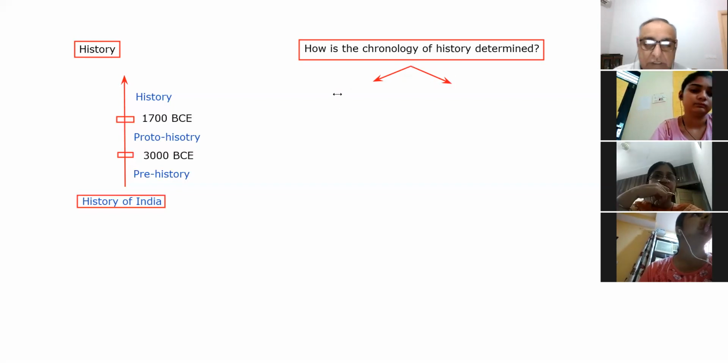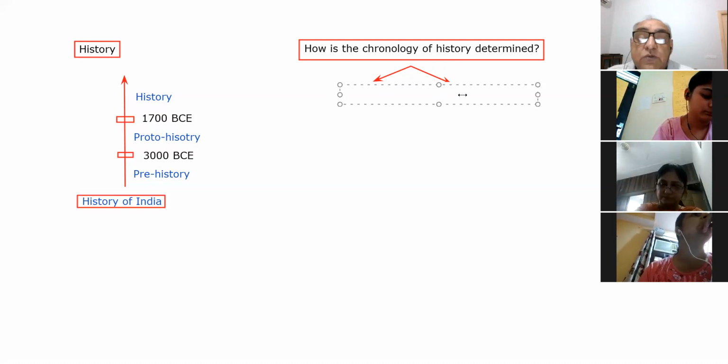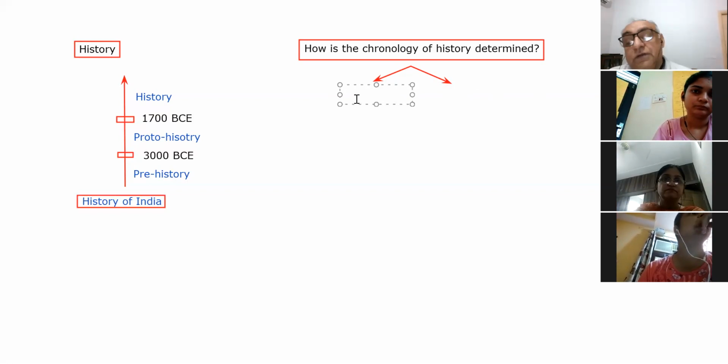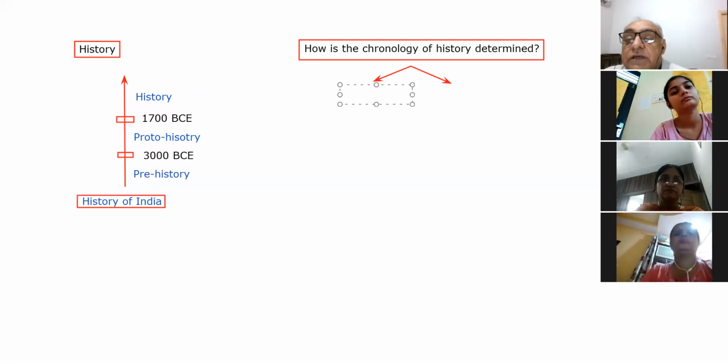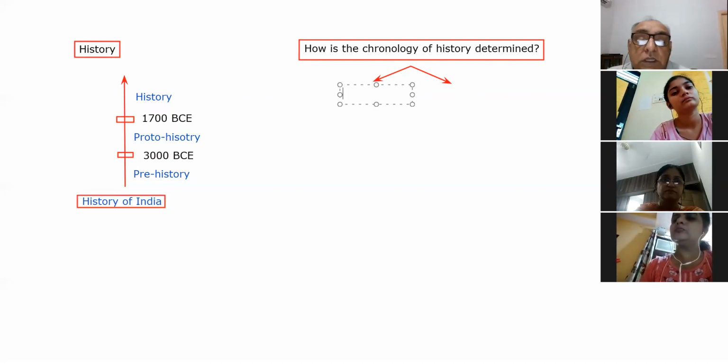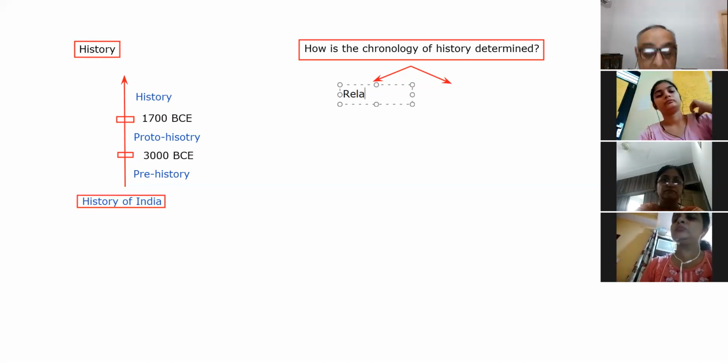There are two important methods, two important ways or techniques to determine the chronology of history. One technique is called the relative dating method.